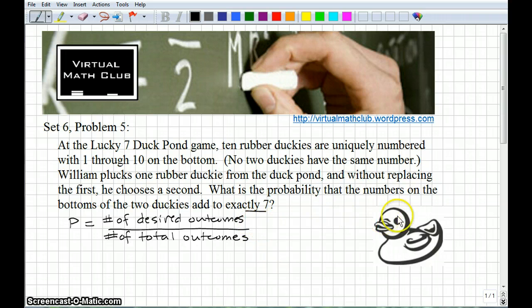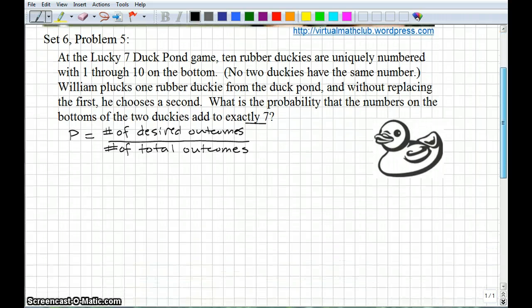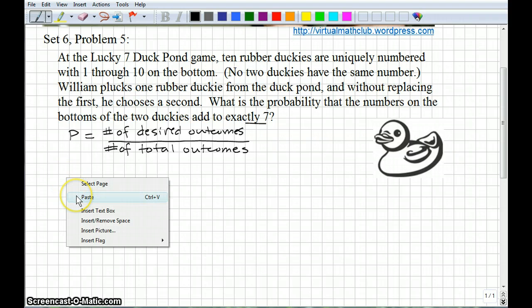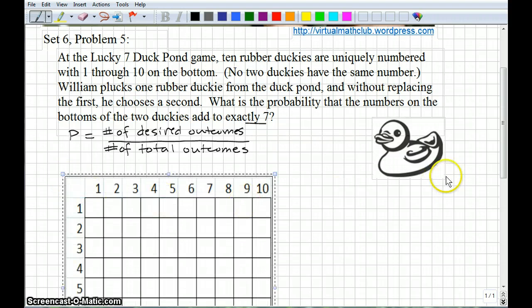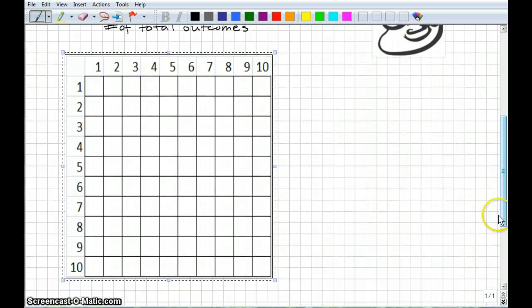One thing you might try is to draw a table, where you look at all the possibilities. That's kind of long.